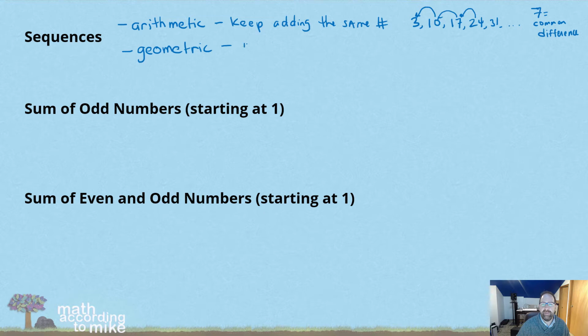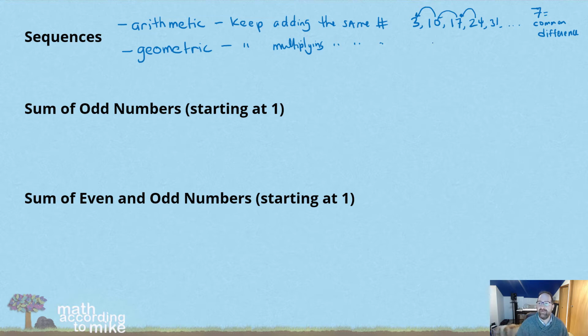Geometric is you keep multiplying the same number repeatedly. The same, I should put in there, same non-zero number. By the way, for both arithmetic and geometric, this number could be positive or negative.